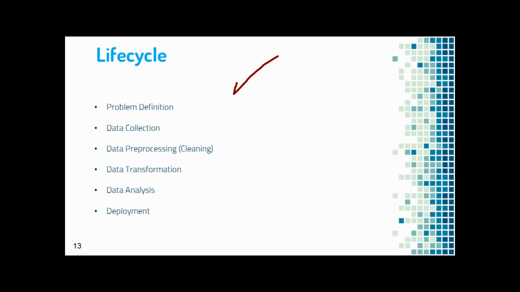Once the cleaning of data has been done, we will transform the data and make it ready to use. Then we'll do data analysis. Analysis we'll do with the help of some algorithms. Finally, once the model has been created, we can deploy it to be used. So these are the steps involved in the life cycle.